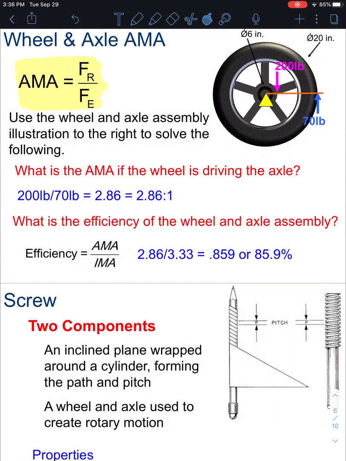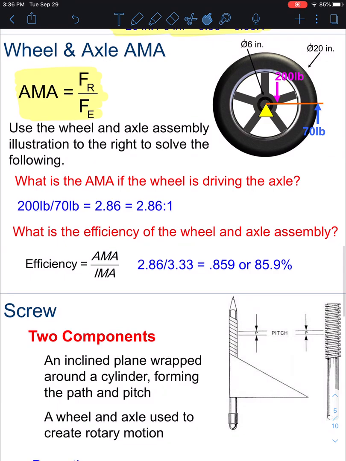AMA, all we're doing is comparing the forces. So the force of the resistance and the force of our effort. What is the AMA if the wheel is driving the axle? Okay, if the wheel is driving the axle, we have the force of resistance divided by the force of your effort.